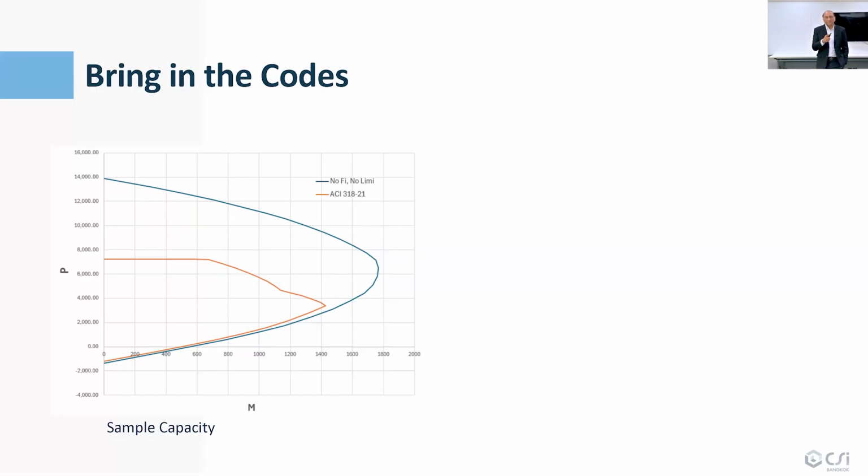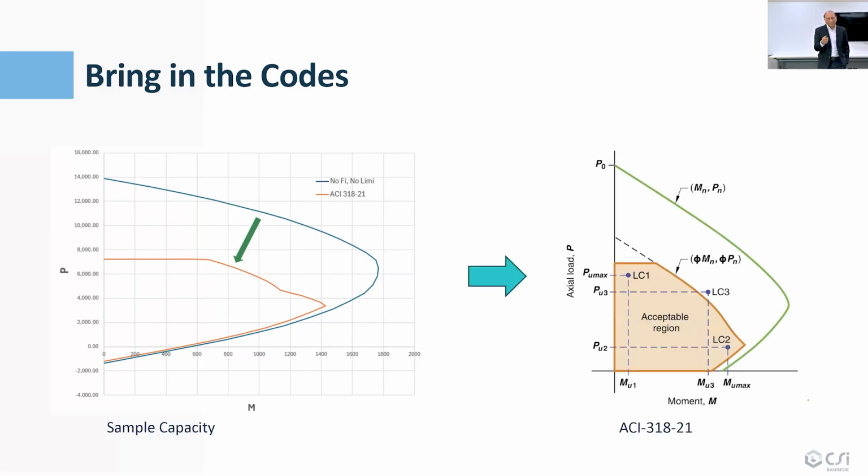The blue line outside is the theoretical strength calculated from the equations. This is reduced to the orange line by the design codes by including those factors that I mentioned. You can see there's a huge reduction, especially on the compression side, because of the brittle nature of failure in compression. There's a larger reduction on the concrete side and a smaller reduction on the steel side.